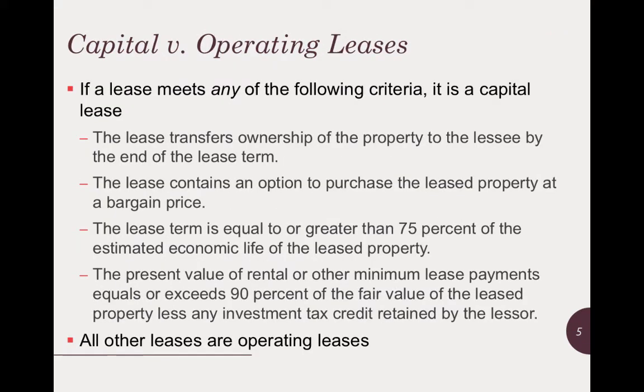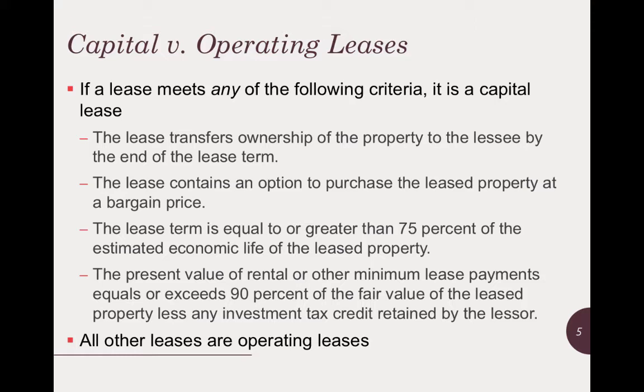As you know, the main feature of the old approach to leases was this distinction between capital and operating leases. If a lease meets any of these four criteria, it's considered a capital lease.